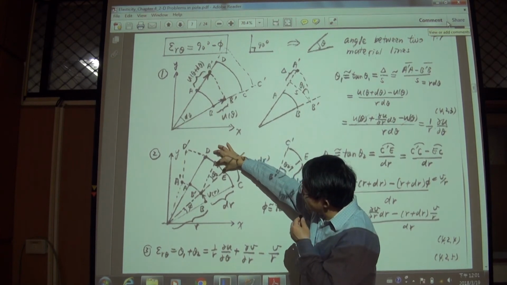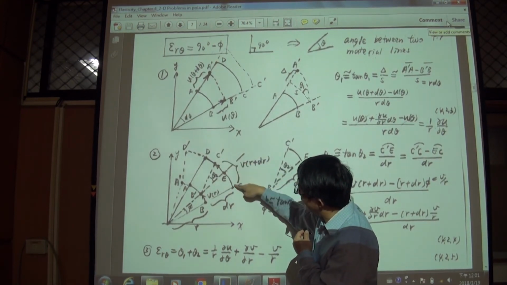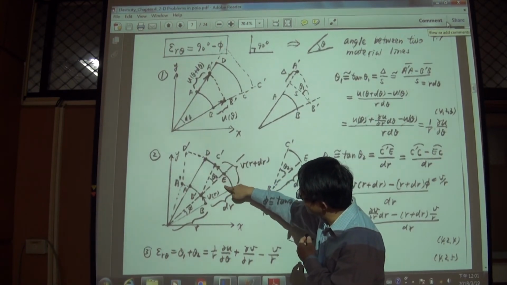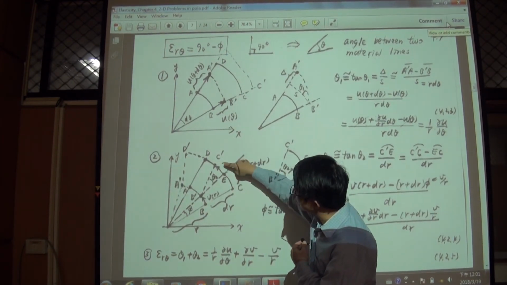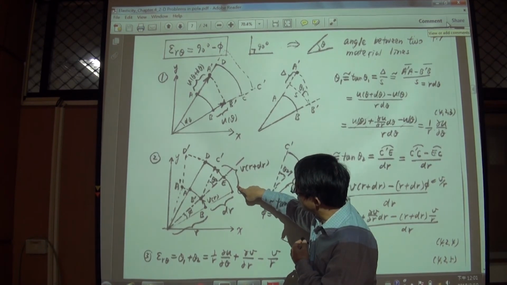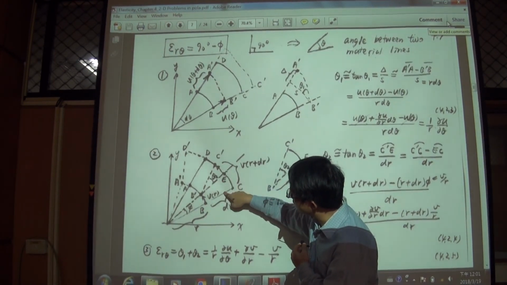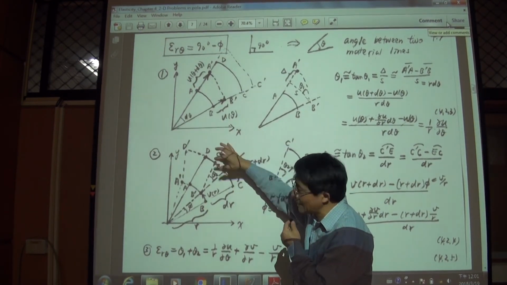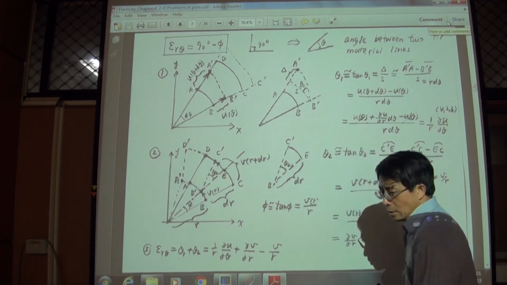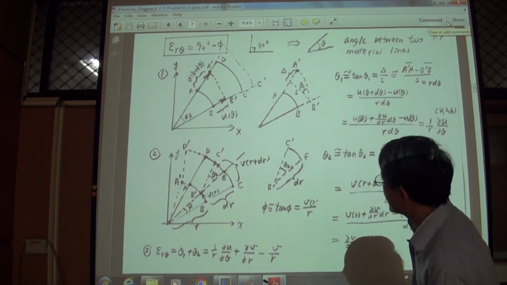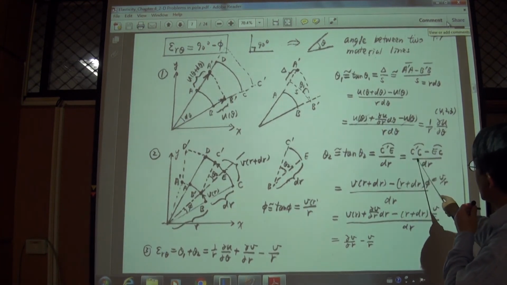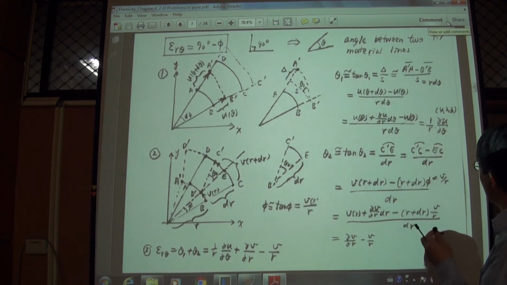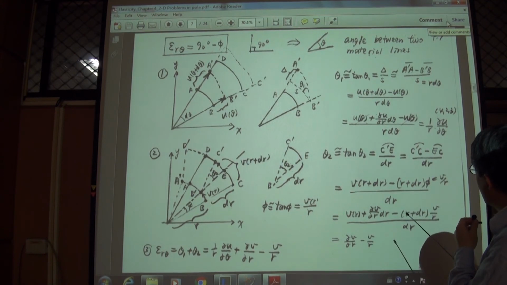This large section, subtract this small section, will give us this section, right? So C'E equals C'C minus EC, and then we can compute it one by one.